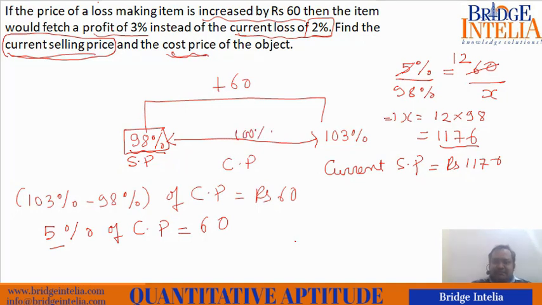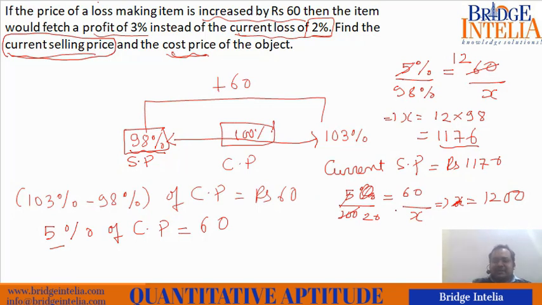So if 5% is equal to 60, what is 100% equal to? Cross proportional. So this 20 times. So from here x comes out to be 1200. So this x means 100%. So cost price is 100%, which when translated into money comes out to be rupees 1200.